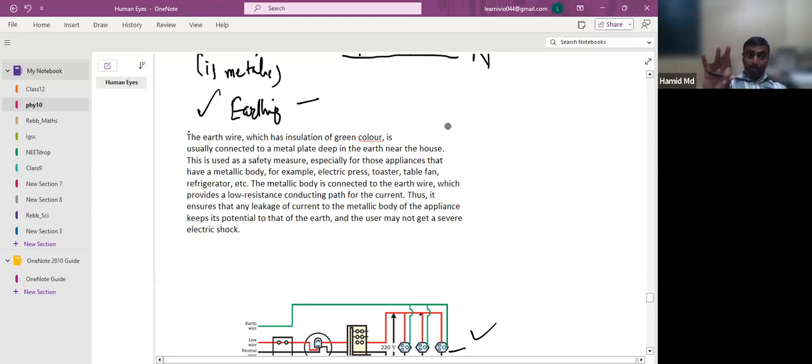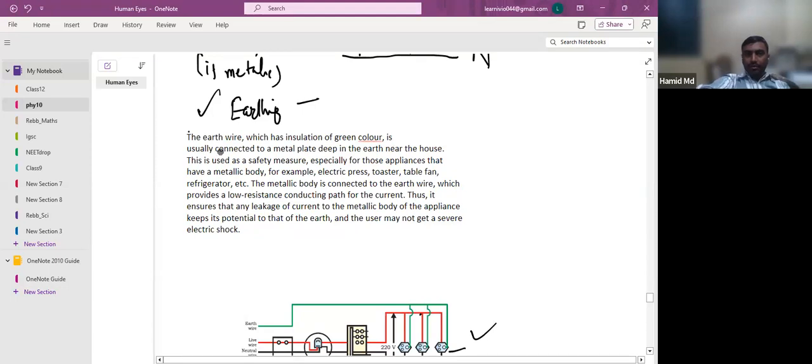These three are universal standards. Otherwise, you may get yellow or different colors, but these are the standards. If you are becoming an engineer, keep in mind which wire is for which purpose.